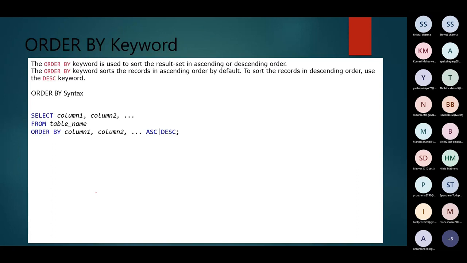Same thing, select from, and just use ORDER BY replacing the WHERE statement, ORDER BY the name of the column that you need to sort. By default, if you do not use anything like ASC or DESC, ascending is assigned to the column. If you need to sort the column in descending order, you have to mention DESC over there.